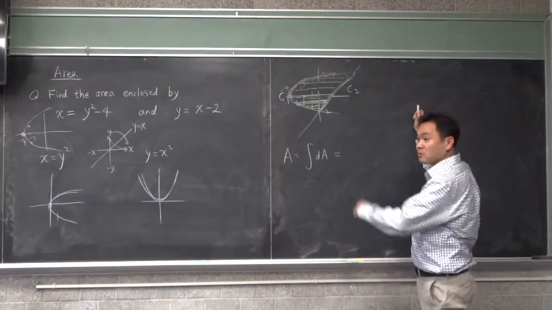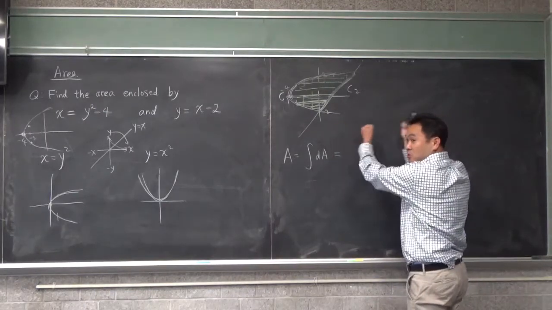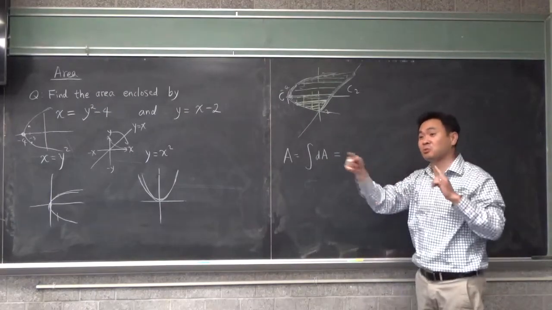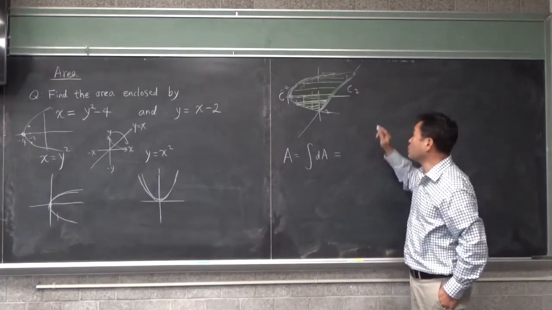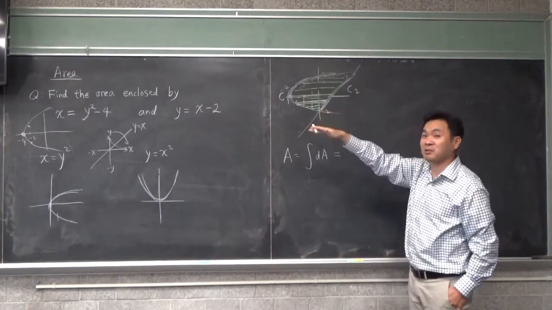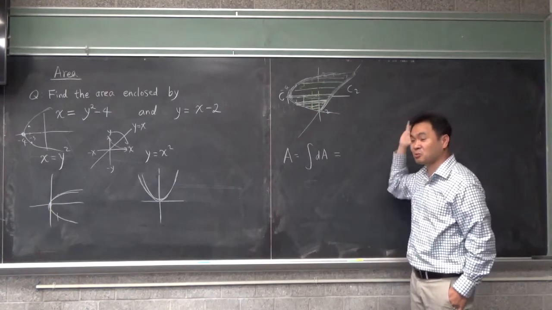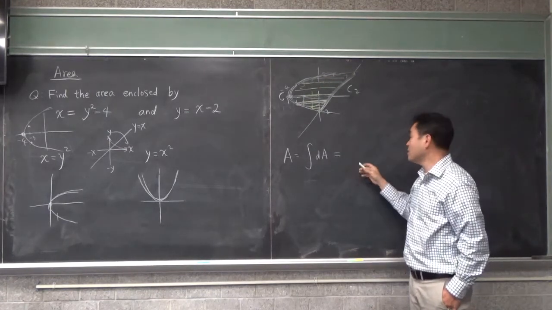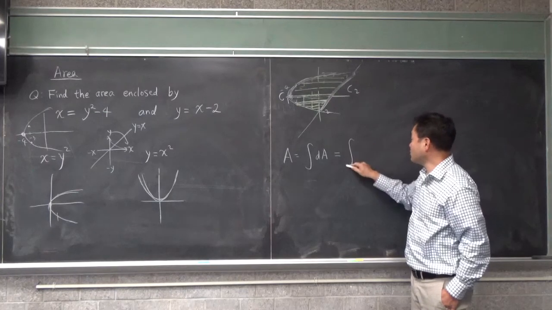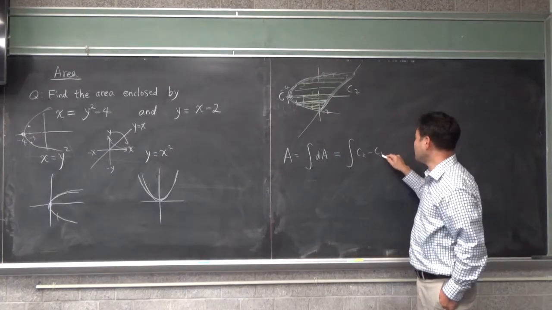If you do right minus left, then you get the distance between the two. You want to do right minus left because if you do left minus right, then you get a negative value, which is not what you want. So that gives you C2 minus C1.